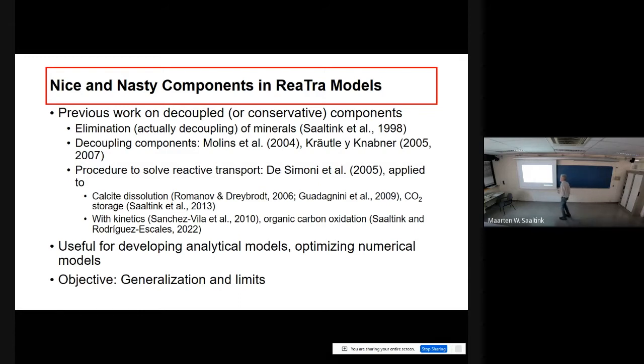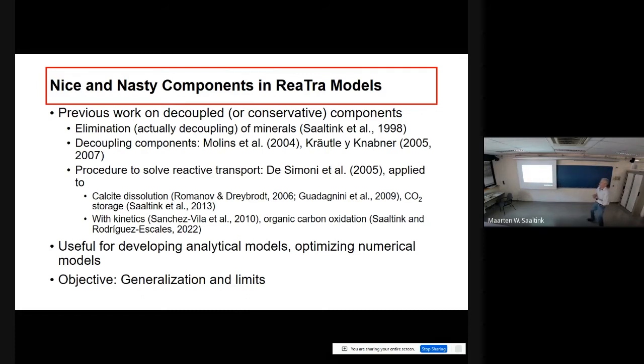I think the most famous or the most cited one is the one by De Simone. And we can use it, for instance, to develop semi-analytical solutions for calcite dissolution, which has been done quite a lot, but also used for CO2 storage. And we can also add a little bit of kinetics. That is done by Xavi Sanchez, and also the latest by me and by Paula.